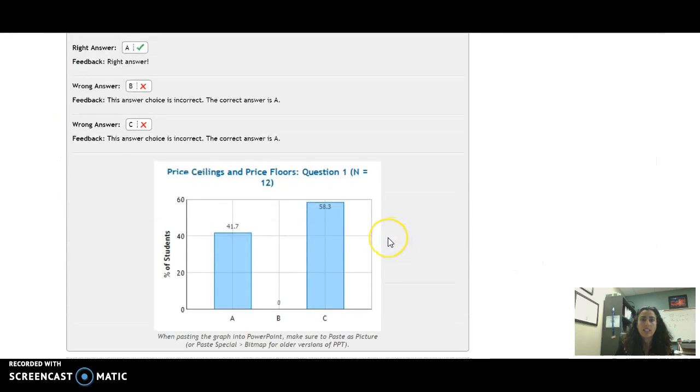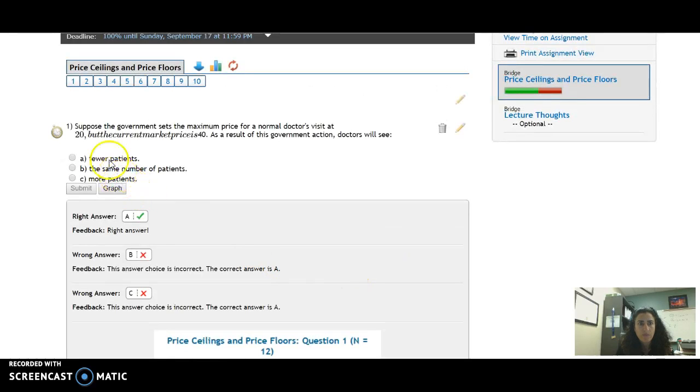First question, correct answer is A, and most of you actually did not get it, so let's review. Suppose that the government sets a maximum price for a normal doctor visit at $20, but the current market price is $40. This is an effective price ceiling.